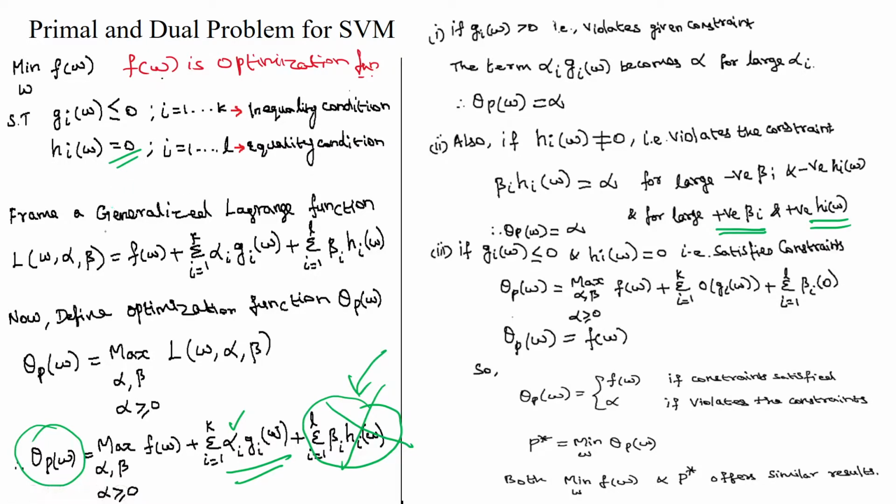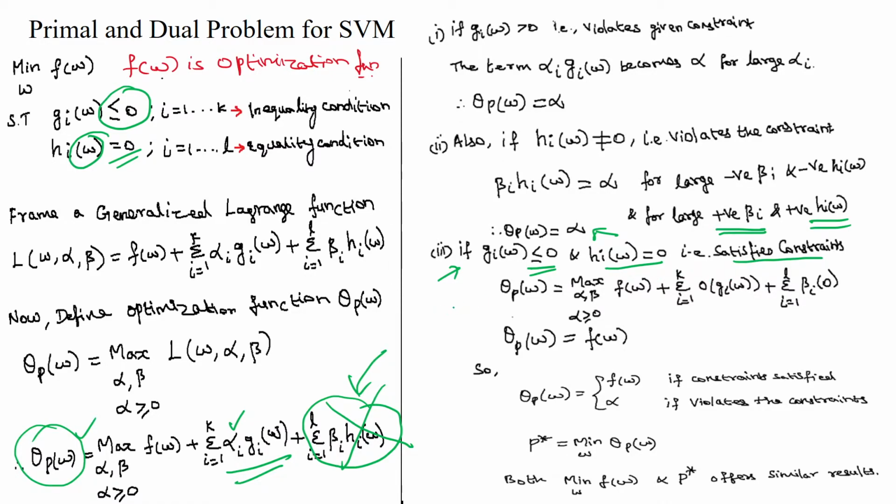So here also alpha will influence the given function theta. The third condition is gi of w less than or equal to 0 and hi of w equal to 0. When this condition is considered, it will satisfy the constraints.